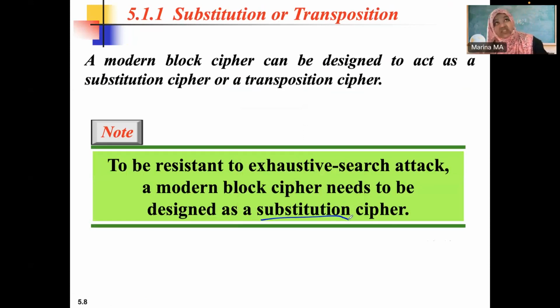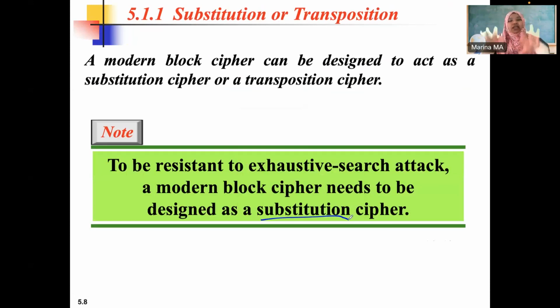It cannot be transposition alone. You can combine substitution and transposition, or you can make it substitution alone, but it has to have a substitution component. Why do you think?